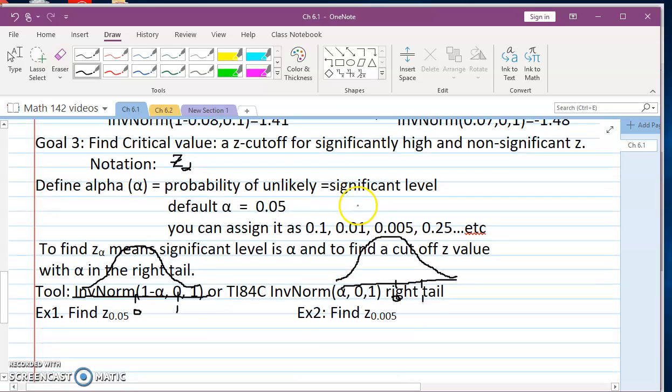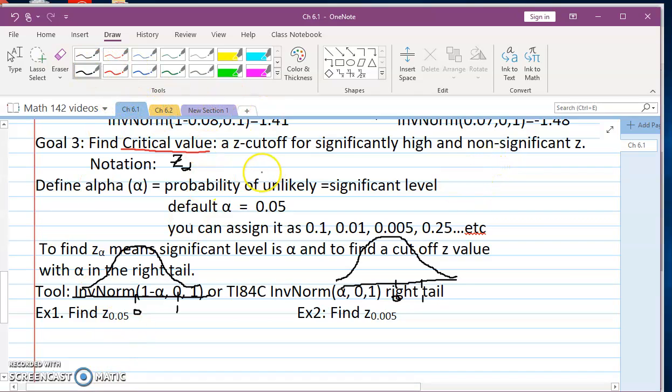That makes sense. The second goal, or actually the third goal, of 6.1 is to find something called a critical value. This is a new term that we just learned. Usually in statistics, a critical value is a number where on one side it is very normal, you're not surprised, it's not significant, but on the other side it's either significantly low or high. In this particular case, we are trying to find a cutoff for significantly high and non-significant.